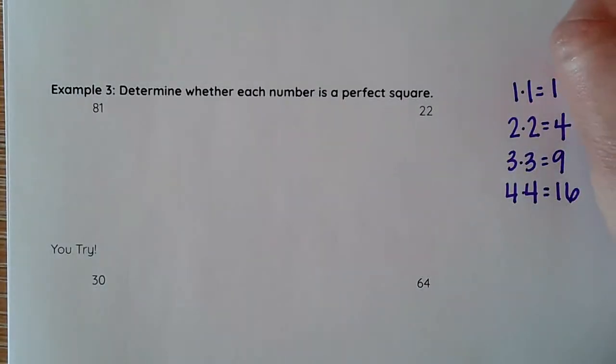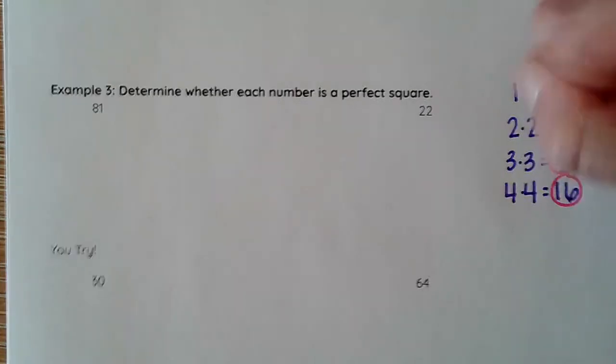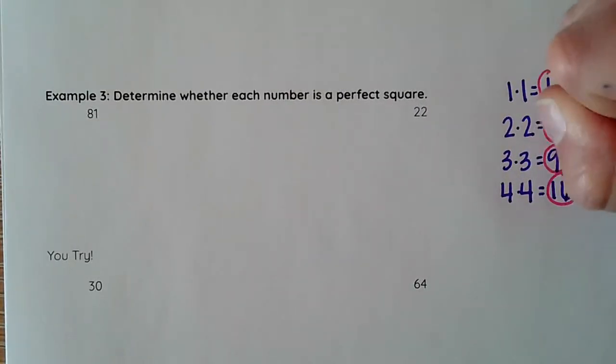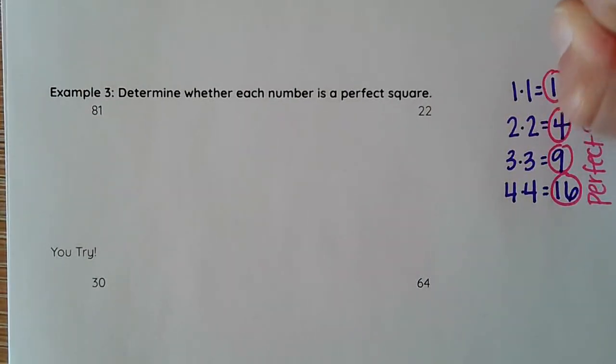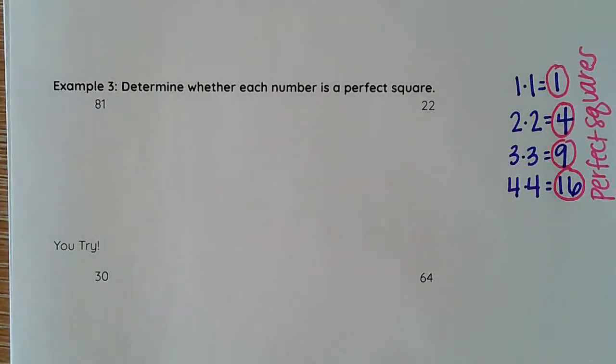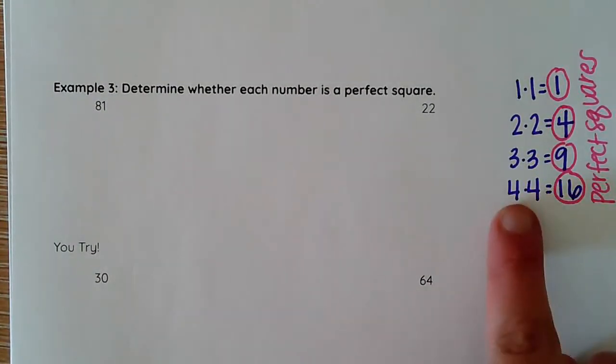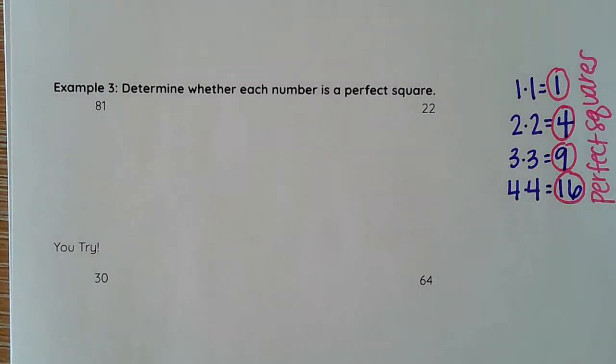These numbers, 1, 4, 9, and 16 are your perfect squares. So as you continue, your perfect squares are 2 numbers that are multiplied together. So 10 and 10, 17 and 17. So this list continues on.